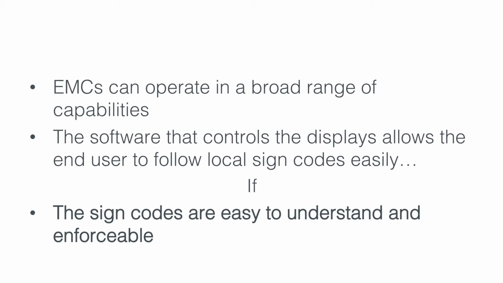It's really important to note that electronic message centers can operate in a huge range of capabilities. The software that controls the displays can be easily changed to follow whatever the local sign codes are, but a big caveat to that is if the sign codes are easy to understand and are enforceable.